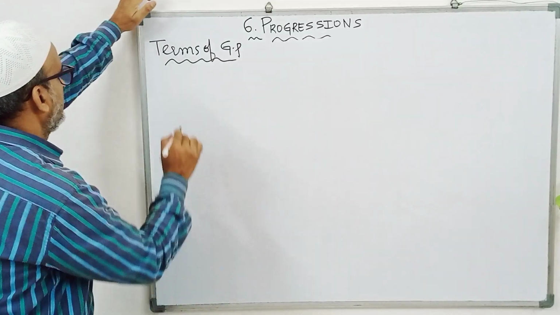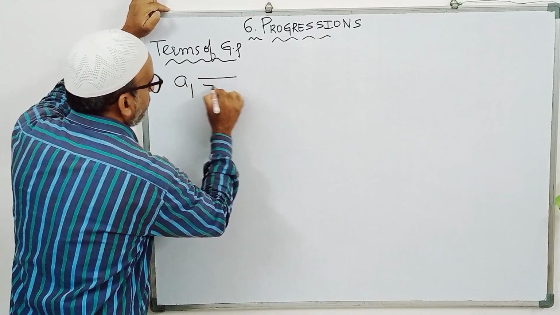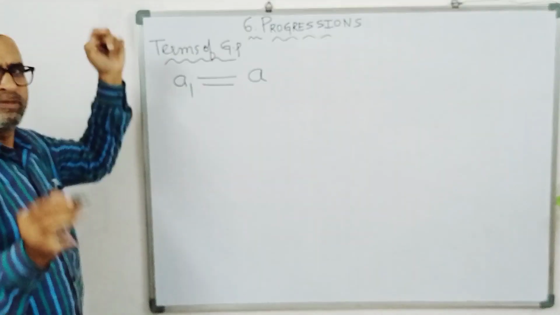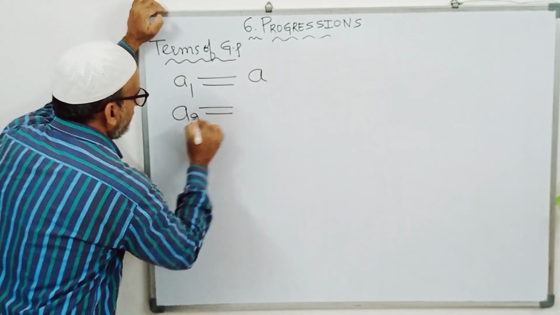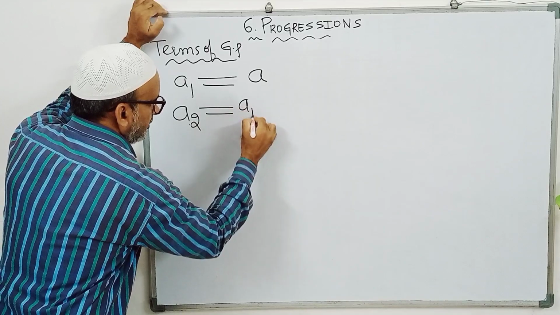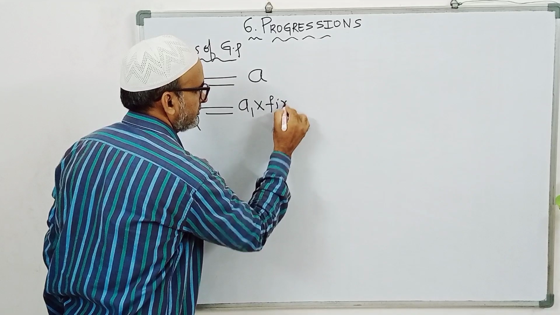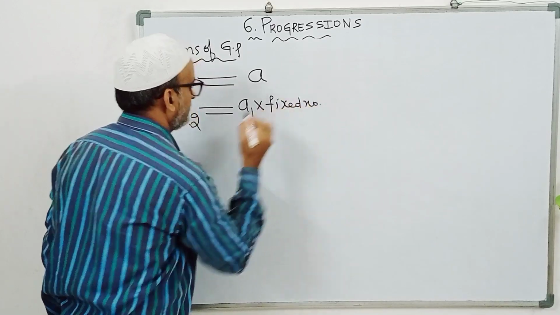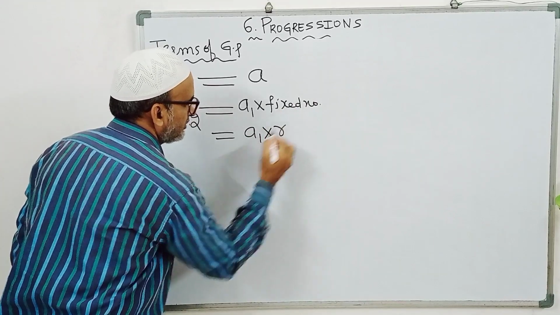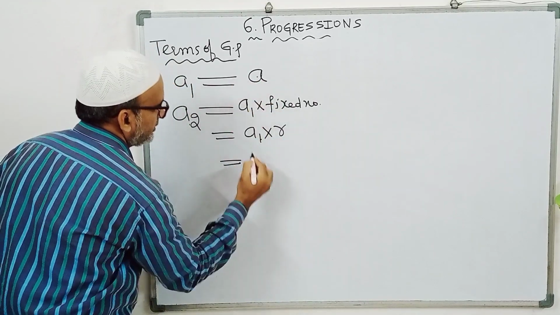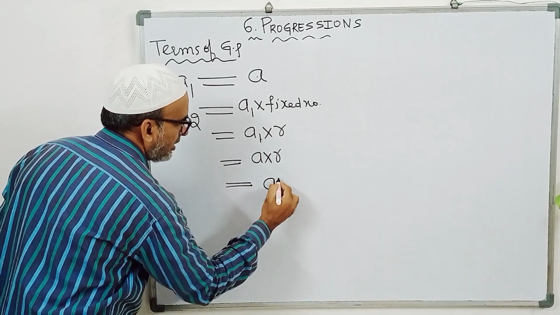See here: a1 is equal to a only, the first term is a. a2 is its previous number a1 into the fixed number r, which is a into r, that is a r.